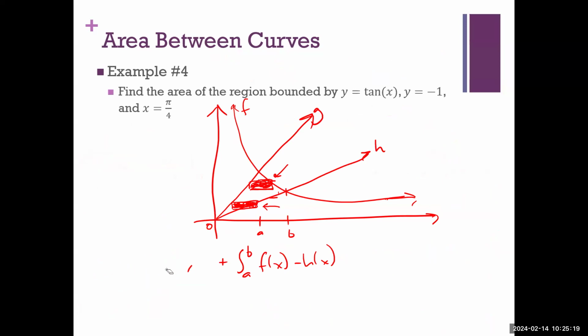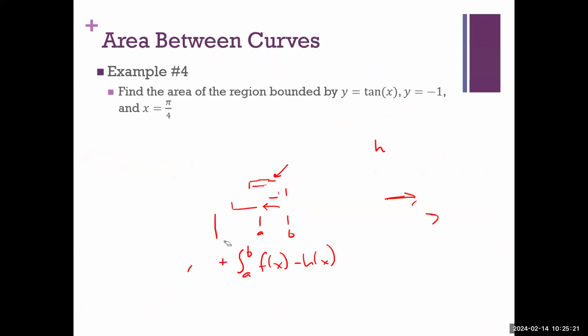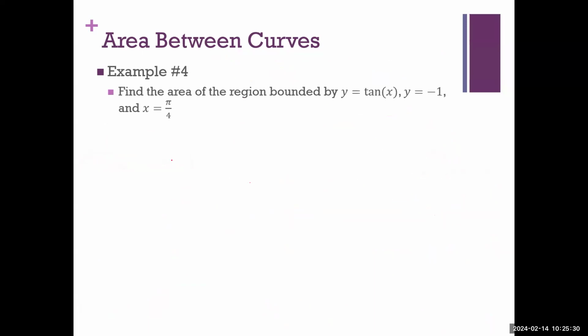So let's do the examples on the slide. So I want to find this area. While I'm erasing, take a look and tell me how you'd like to start. We can graph it.